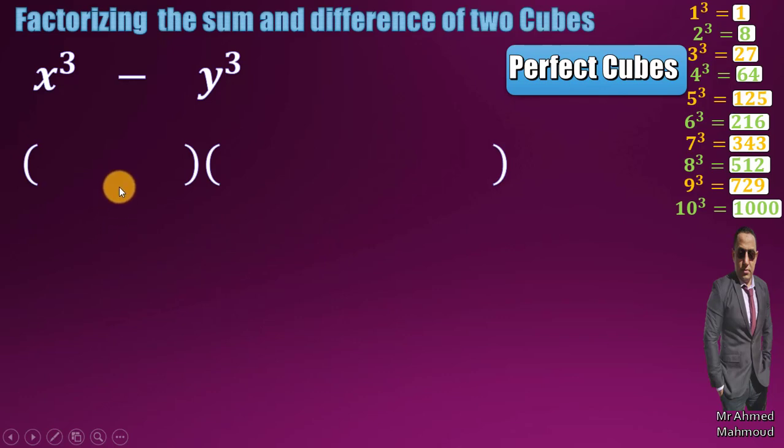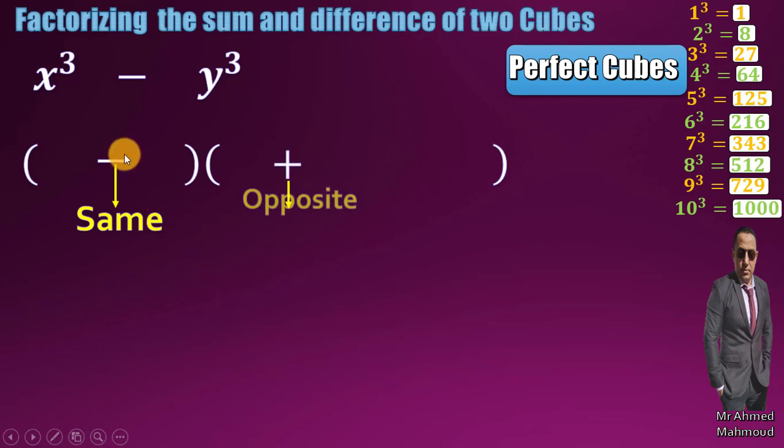The next step, I'm going to write the signs. Here in the small bracket I have one sign, and in the big bracket I have two signs. This sign is the same as the original sign. If the original sign is negative, this sign is negative. And here I have the opposite of this sign.